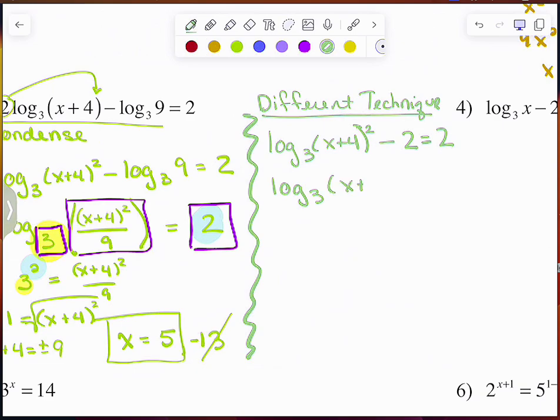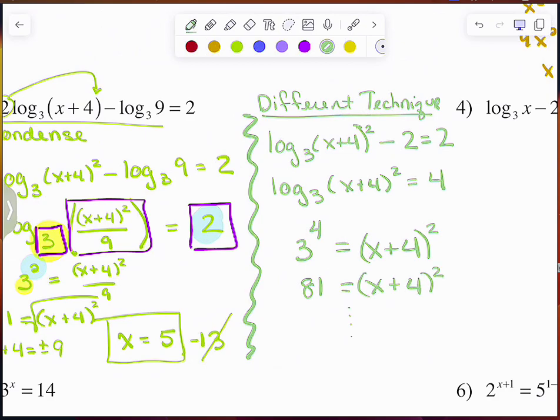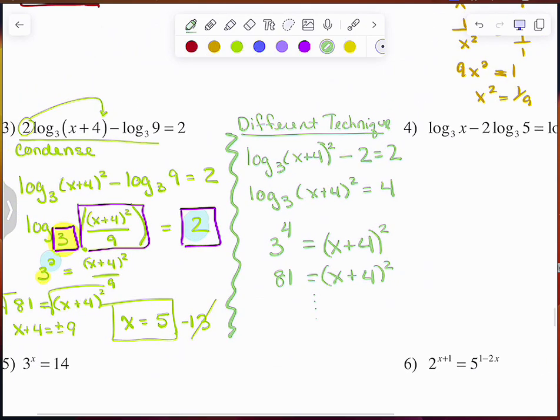Log base 3 of x plus 4 squared equals 4. When I rewrite this, base 3 to the 4th power equals x plus 4 squared. So 81 equals x plus 4 squared, and then I would solve the same as the previous side. It's a little bit different at the beginning. Instead of condensing, I could replace that value with what it equals.